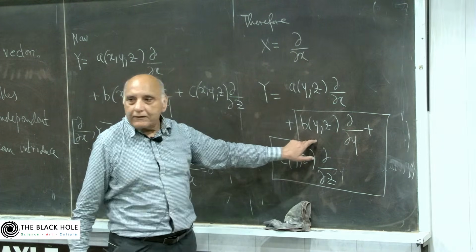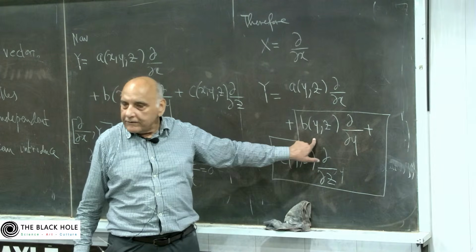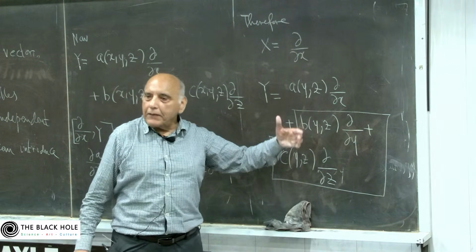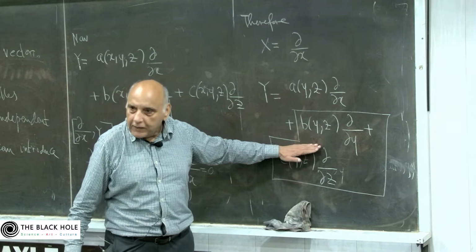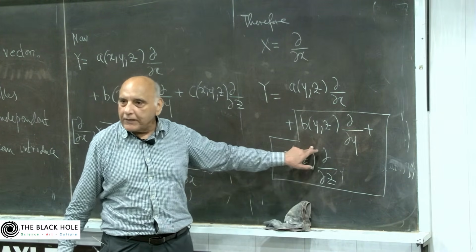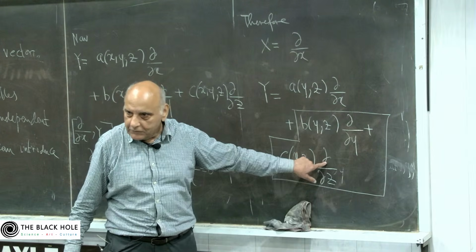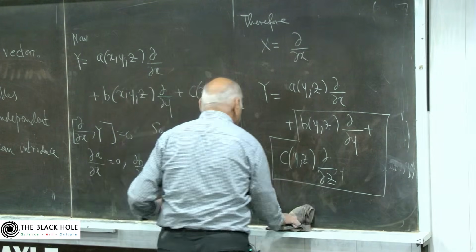So this vector field at the point P is not 0. So by induction I can change variables in y and z, so this is partial by partial y tilde.